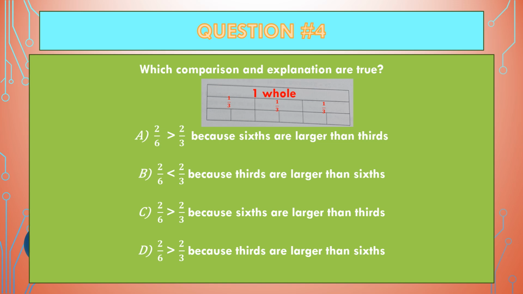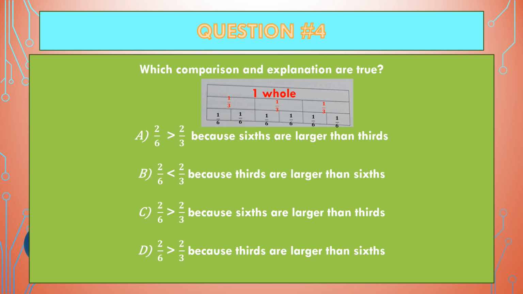The third line is partitioned into how many parts? That's right. If you said 6, you're absolutely correct. Since it's partitioned into 6 units, each unit is equal to 1/6. So now you should have yours labeled like mine. And now we can start comparing.